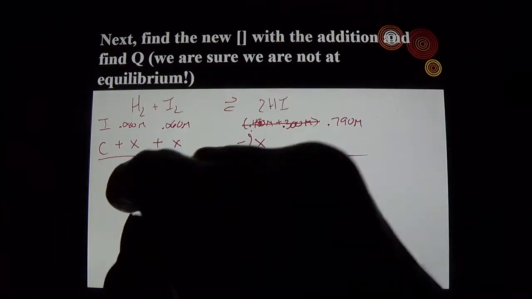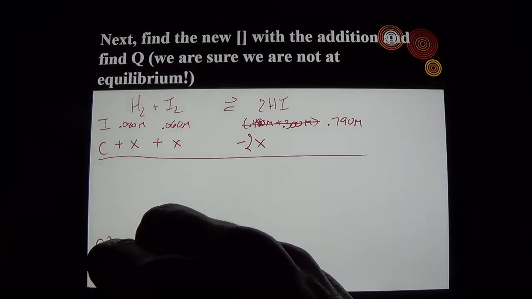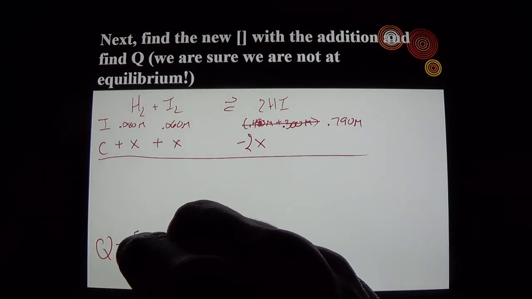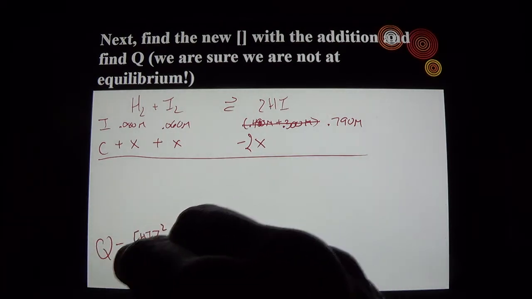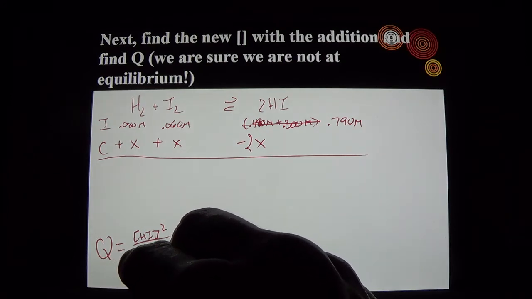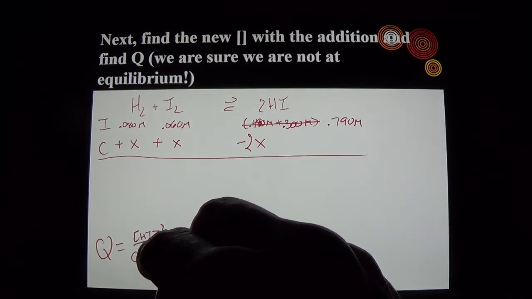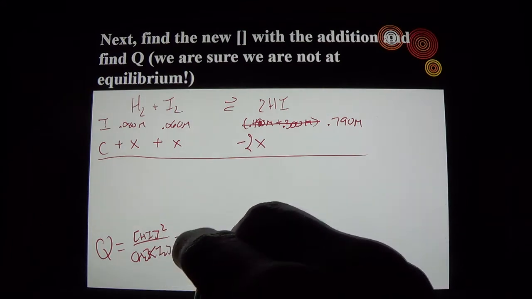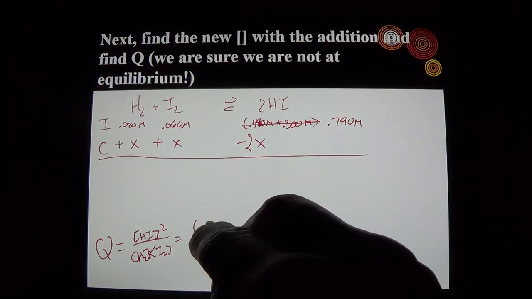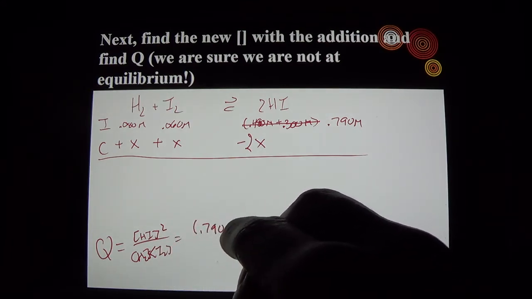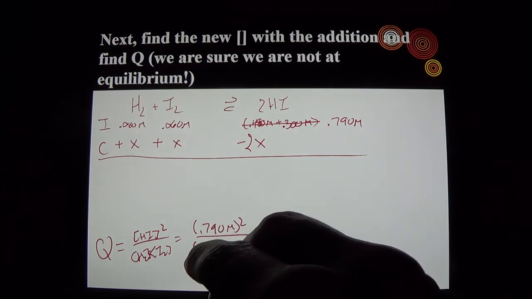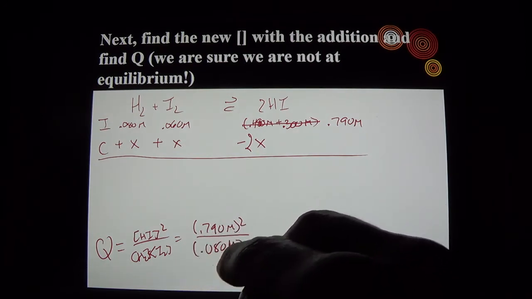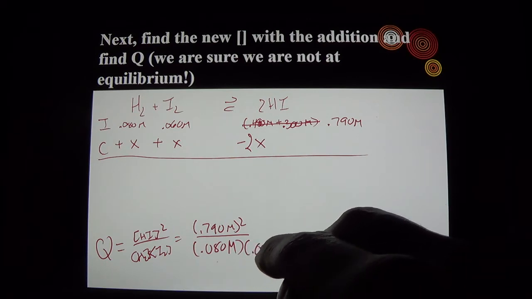Let's find a Q. So Q equals concentration of HI squared divided by concentration of H2 and concentration of I2. My new total is 0.790 molarity squared. Same old 0.080 molarity and 0.060 molarity there.